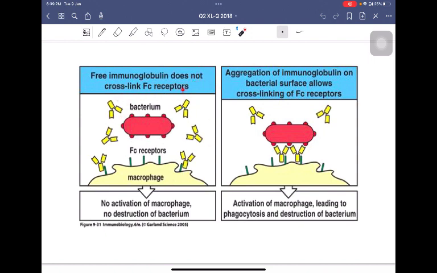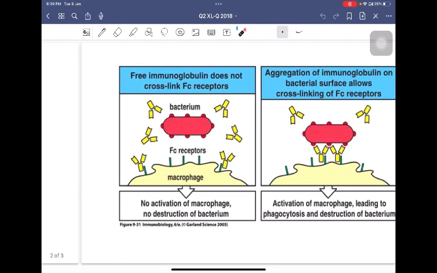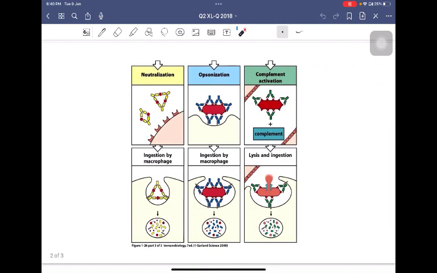But when these immunoglobulins attach to the surface of the pathogen, that causes the aggregation and then activation of the macrophage, leading to phagocytosis and destruction of the bacterium. Right? So that is how the opsonization process works.